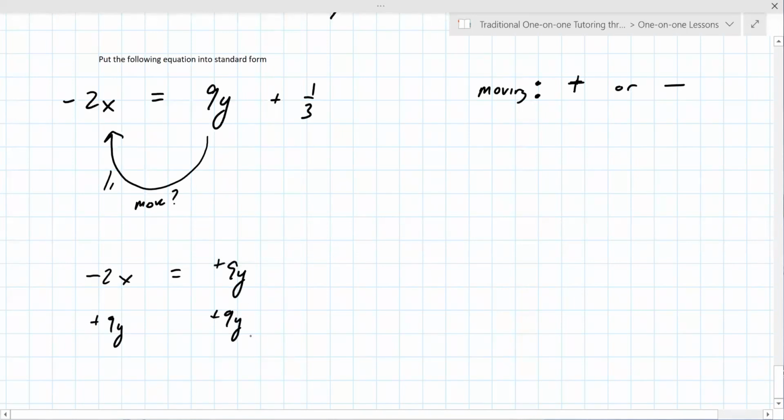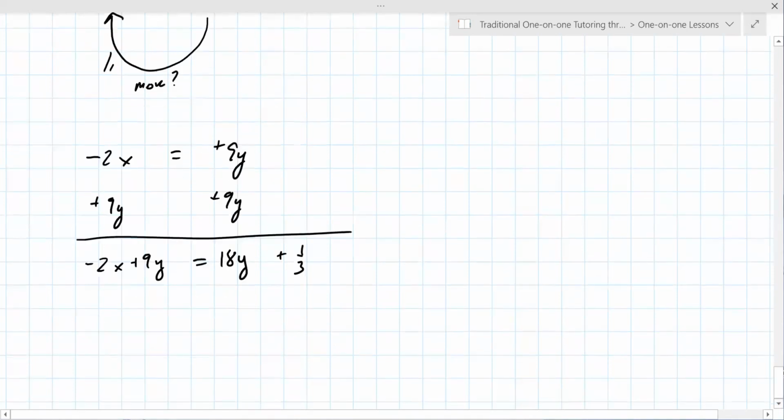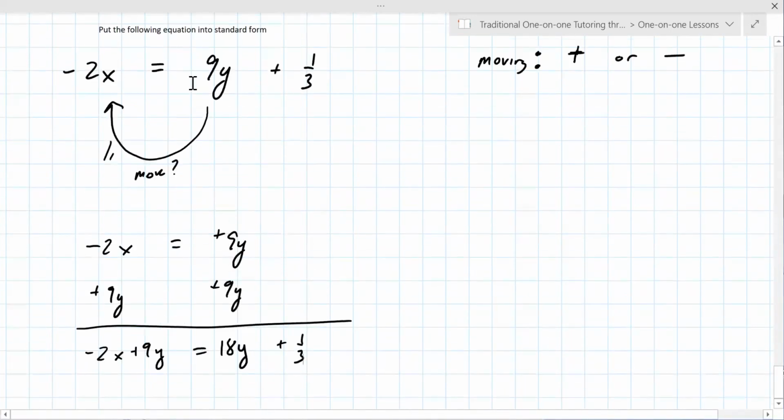Okay, so if we add 9y to both sides, since 9y is already positive, that creates -2x plus 9y equals 18y plus 1/3. And this is somehow more complicated. So you have to look at the sign of 9y. What's the sign of 9?